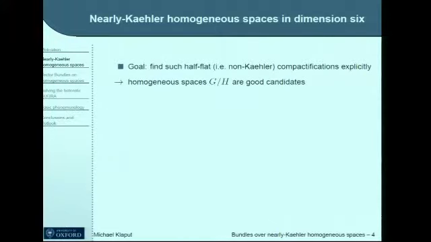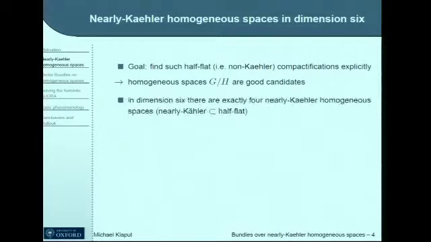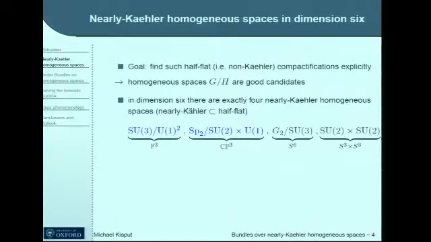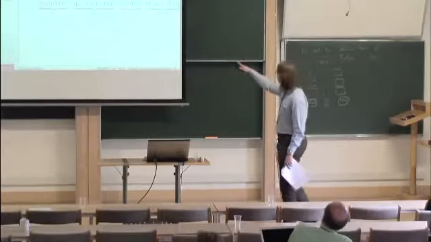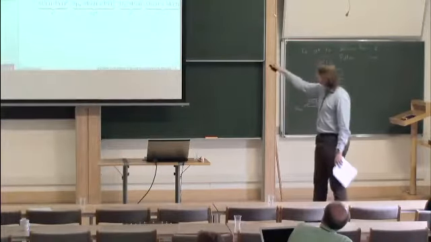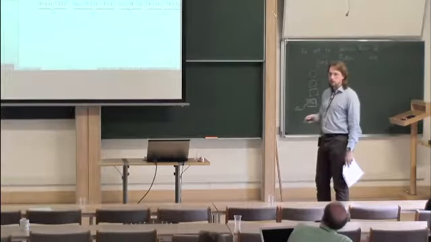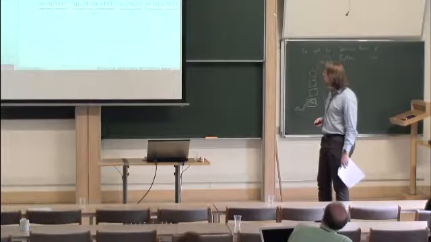One quite convenient set of spaces are coset spaces of the form G/H, where G is a Lie group and H is some compact subgroup. It turns out that in dimension 6 there are exactly 4 nearly Kähler homogeneous spaces, and nearly Kähler is a subset of half-flat. These are the 4 cosets, and I've colored 2 of them because those turn out to be the more interesting ones in terms of physics in the end.